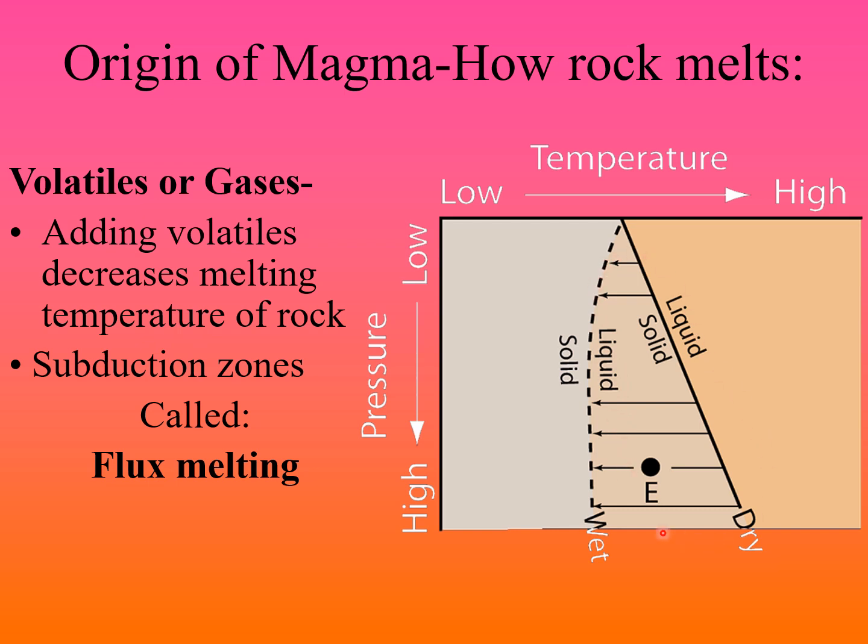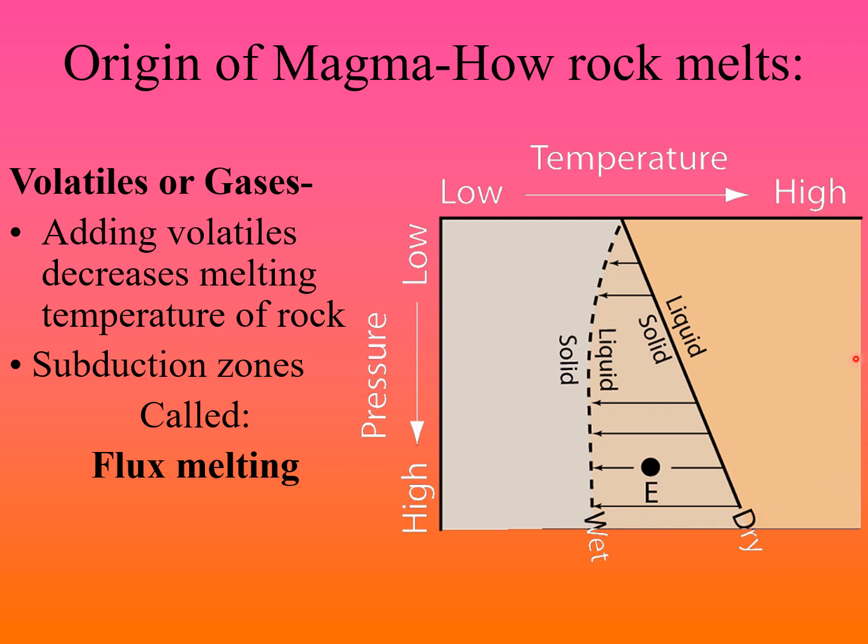So in this space here, we've got melting. And so one thing to notice is under high pressures, we've got a higher temperature range where the melting point is sufficient for the rock to melt.